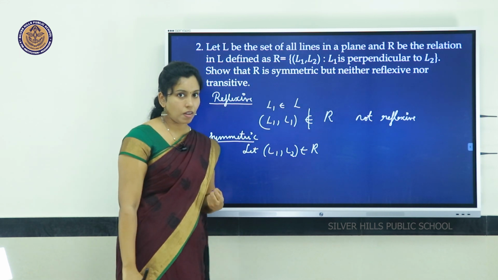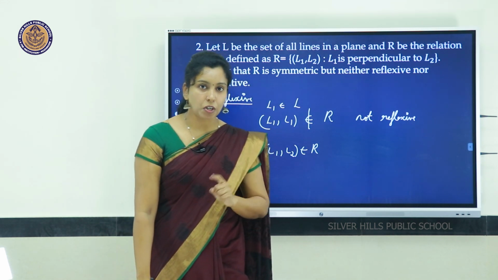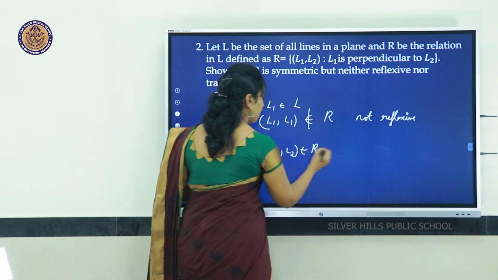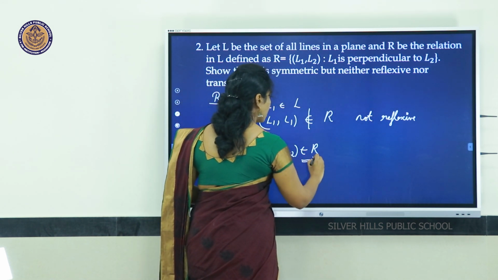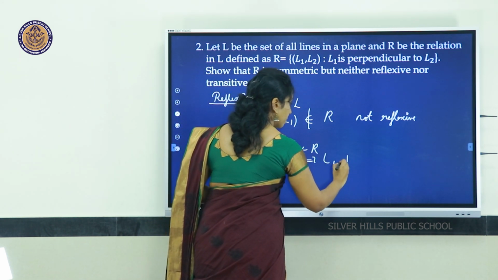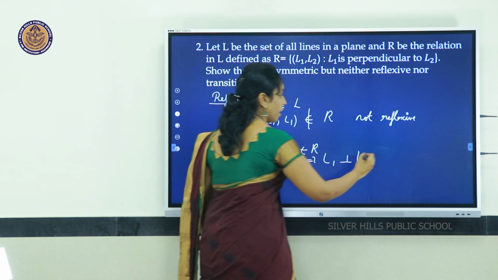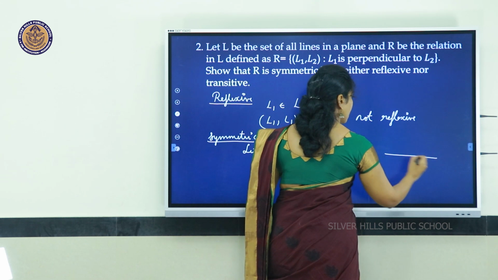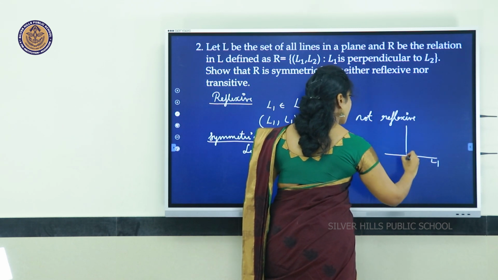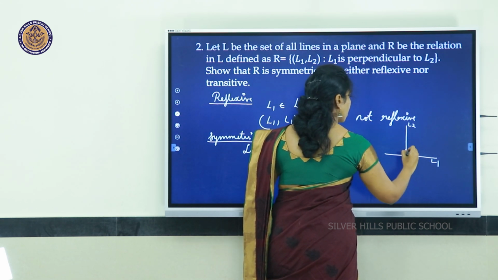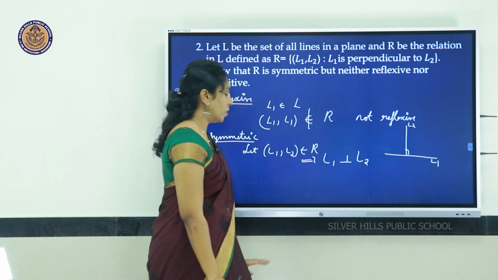What is the relation? L1 is perpendicular to L2. So I just write the meaning of this, which shows L1 is perpendicular to L2. So I have two lines, L1, the other one is L2. So L1 is perpendicular to L2.